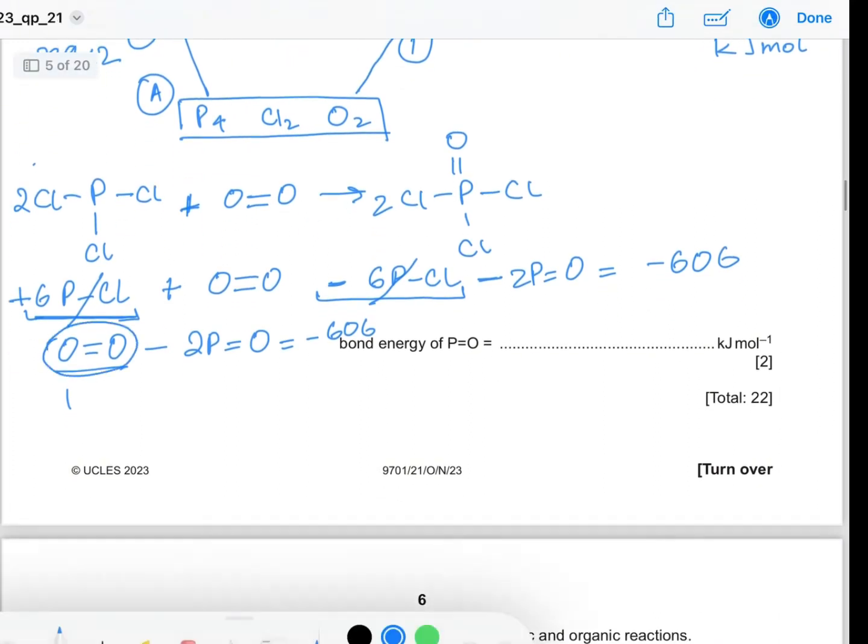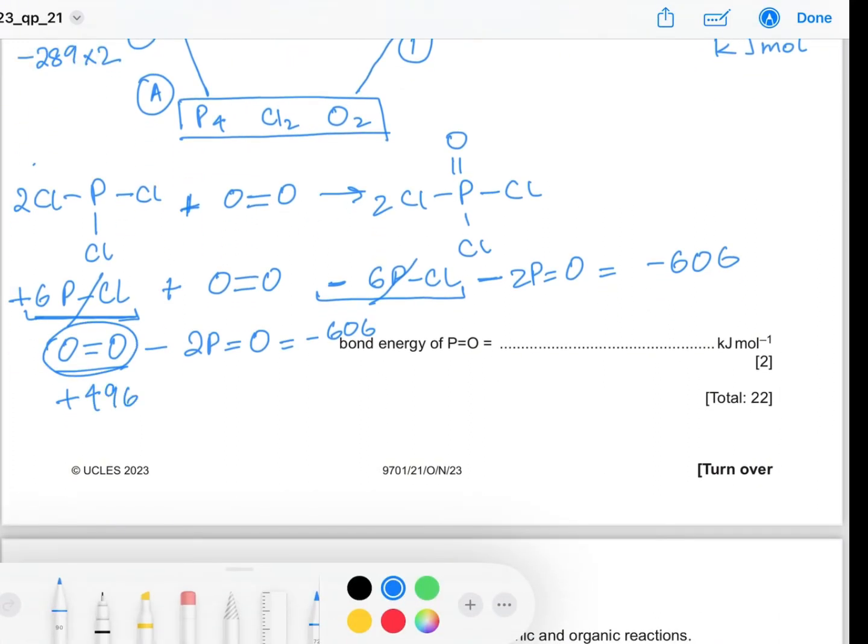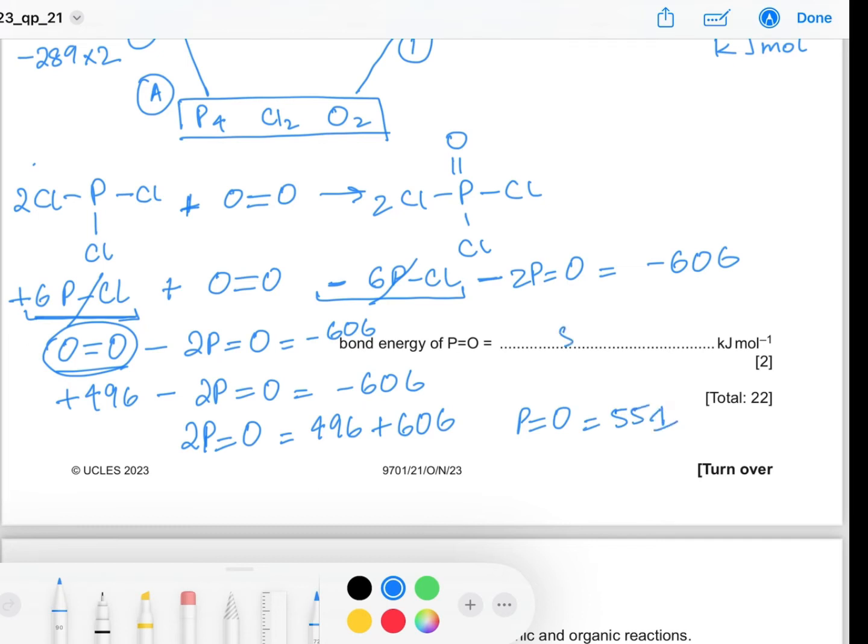So this bond energy is equal to plus 496 minus the bond energy that we want to find out is equal to negative 606. So 2 times the energy of phosphorus oxygen double bond is equal to 496 plus 606. That means the energy of one double bond between phosphorus and oxygen atom is equal to 551 kilojoule per mole.